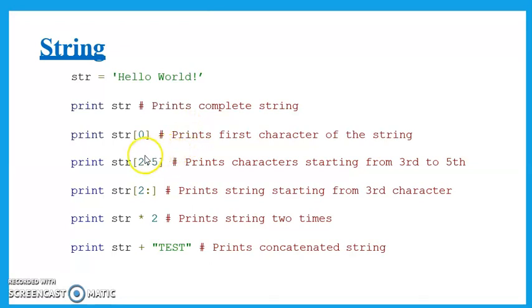If we want to print the first character of the string, for example h, the index of h is 0. The string index ranges from 0 to n-1. For example, if the string length is n, the indexes range from 0 to n-1. So print str[0] prints the first character of the string.